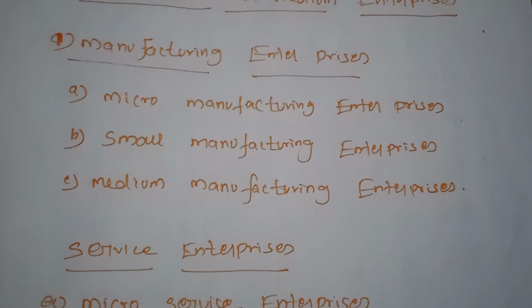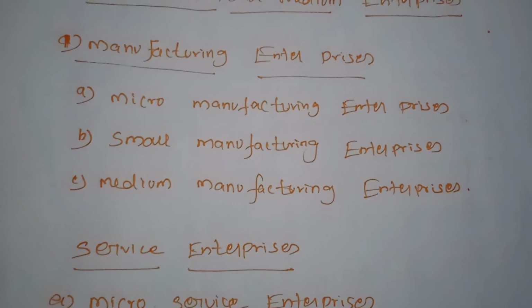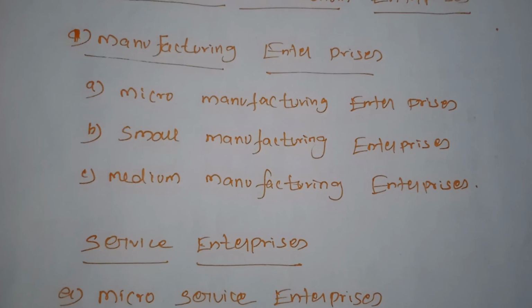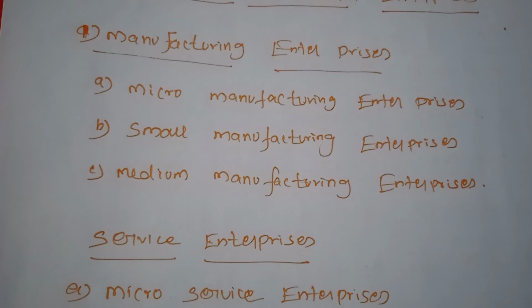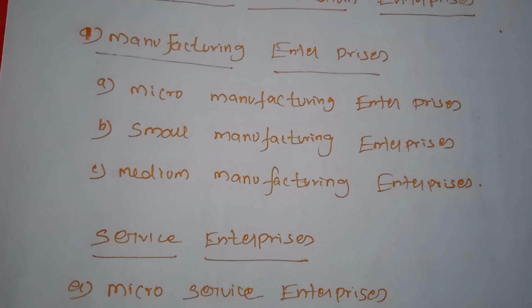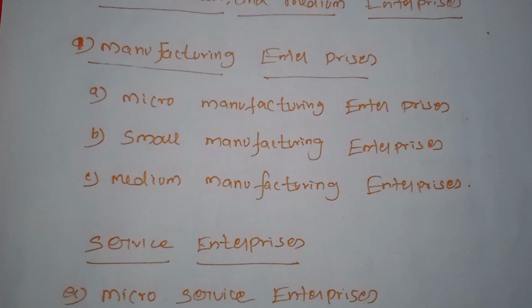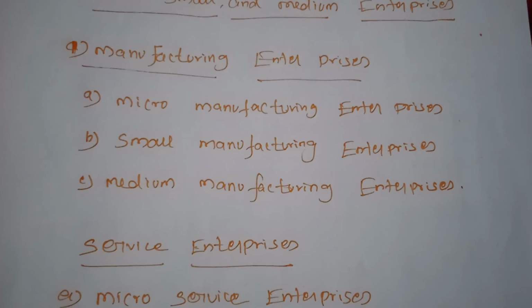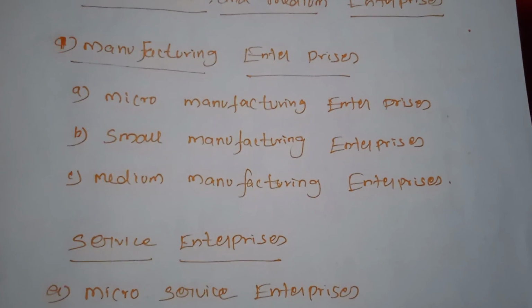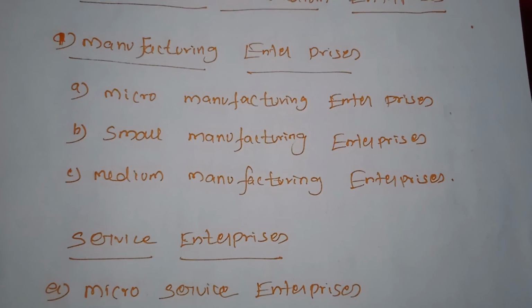First, micro manufacturing enterprises. Micro manufacturing enterprises means the investment in plant and machinery does not exceed 25 lakhs. If any enterprise starts within 25 lakhs, that is considered a micro manufacturing enterprise. Next, small manufacturing enterprises.